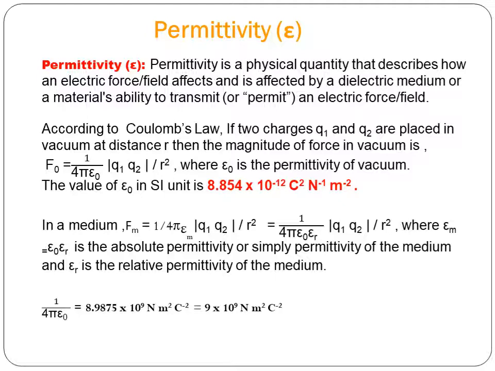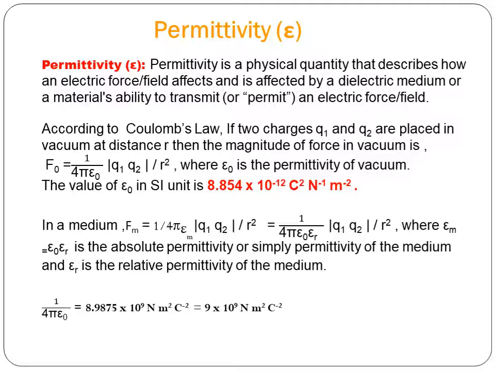The value of epsilon naught in SI unit is 8.854 into 10 to the power minus 12 Coulomb square Newton inverse meter minus 2.